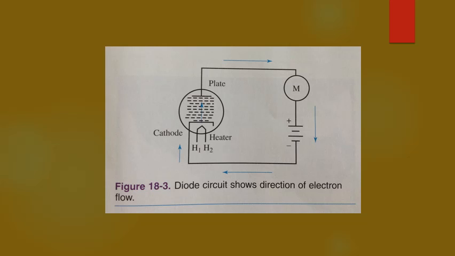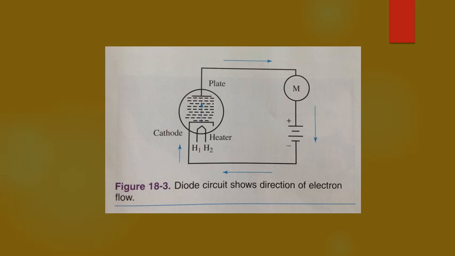The first number in a tube name is the approximate voltage that should be applied to the heaters. For example, a 6H6 tube needs 6.3 volts. A 12AX7 needs 12.6 volts. And a 25Z6 needs 25 volts. When the tube in figure 18-3 is turned on, the heaters indirectly heat the cathode. This causes a thermionic emission of electrons.